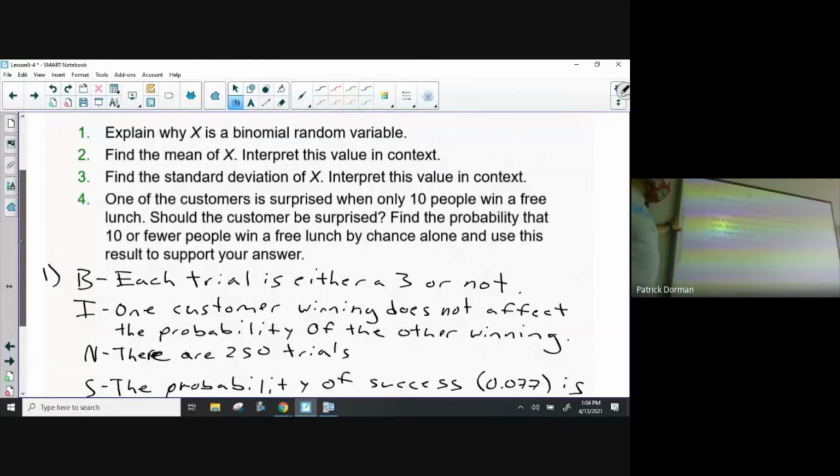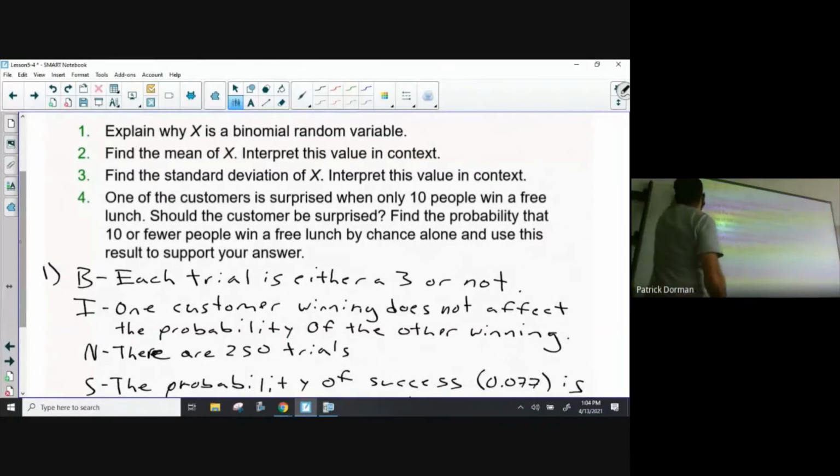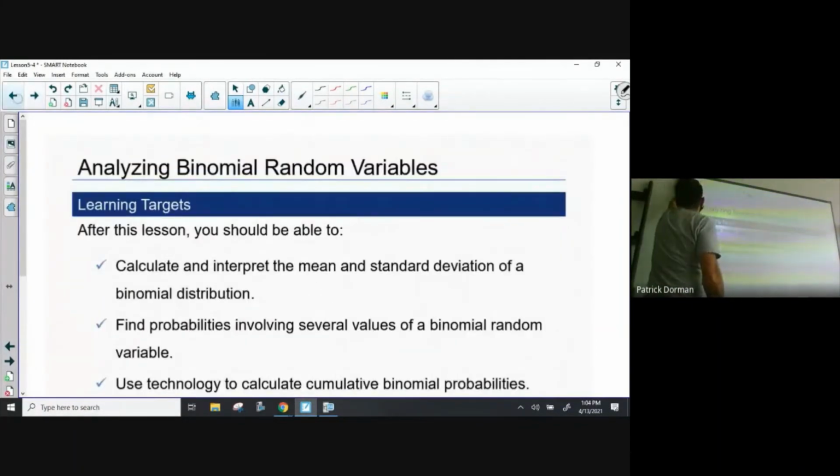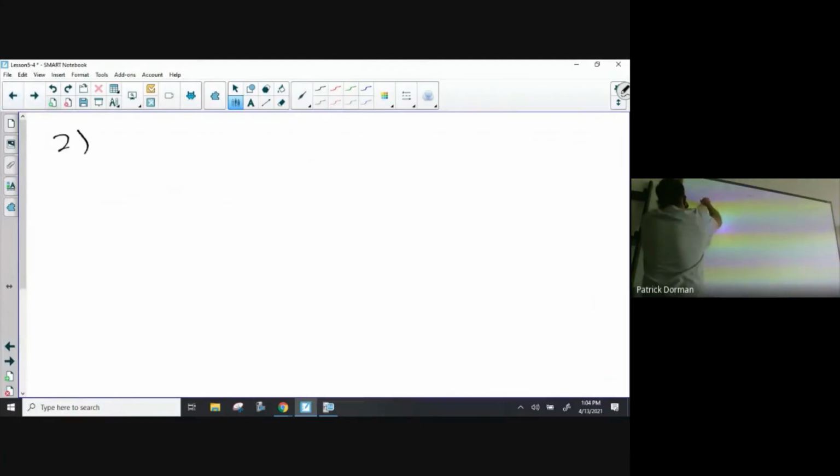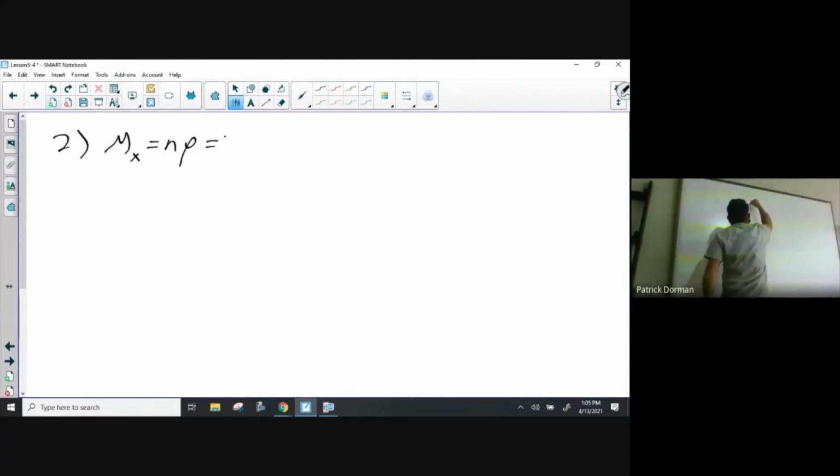Let's find the mean of X. Number 2, easiest question. Right, 250 trials, the probability of success, 0.077.